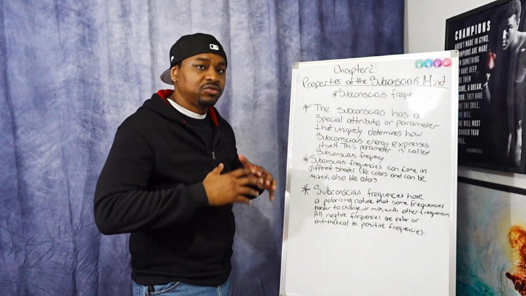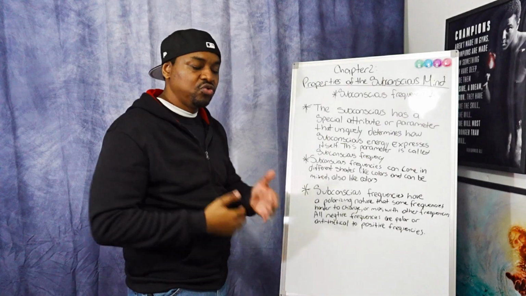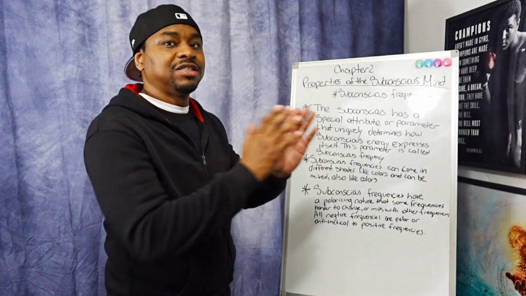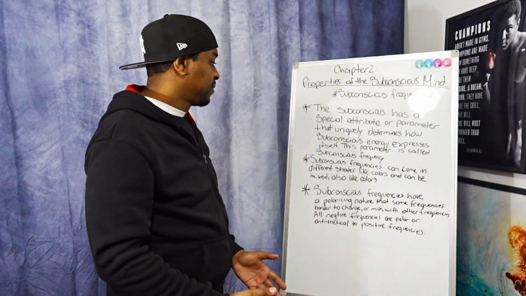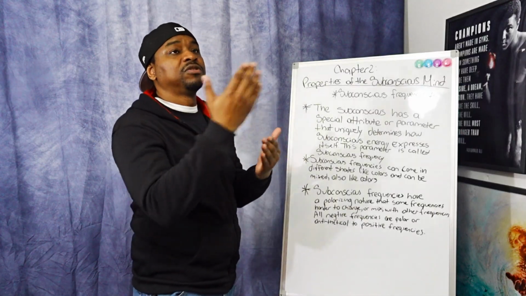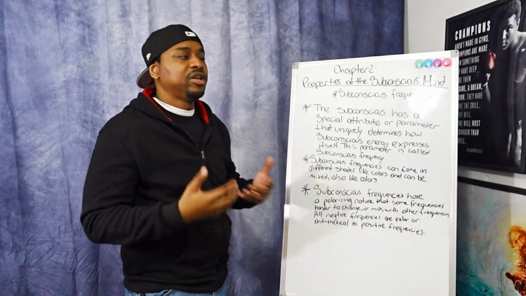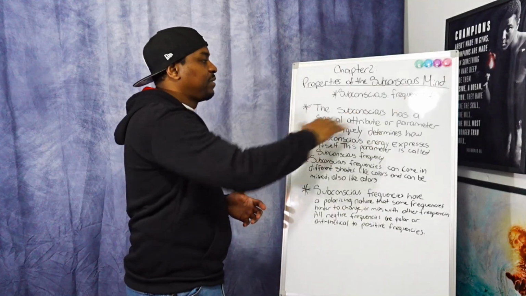Your subconscious works the exact same way. Every time you want your subconscious to do a specific thing, you have to get it to go to a specific frequency in order to do what you want it to do. So you have to start thinking in terms of frequencies, and I think that way all the time. You're never going to realistically be able to control your subconscious without thinking about the frequency.